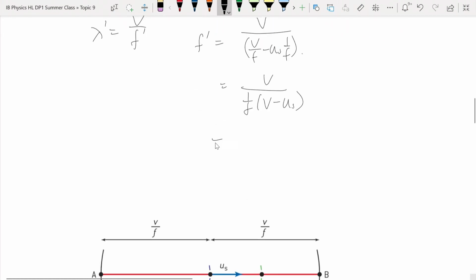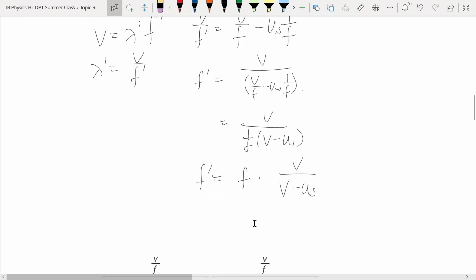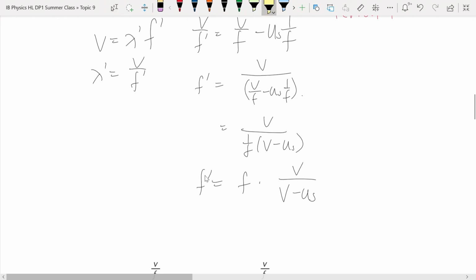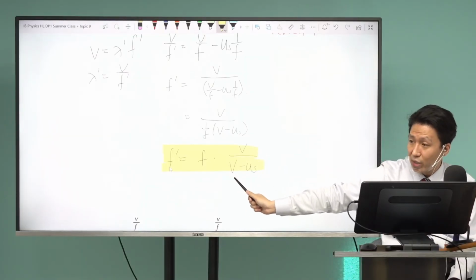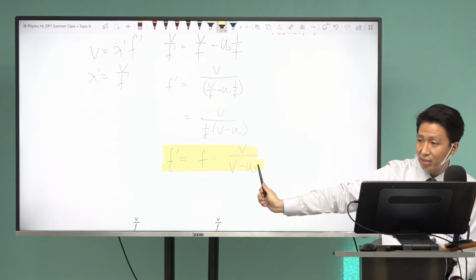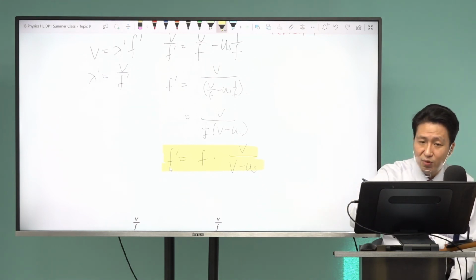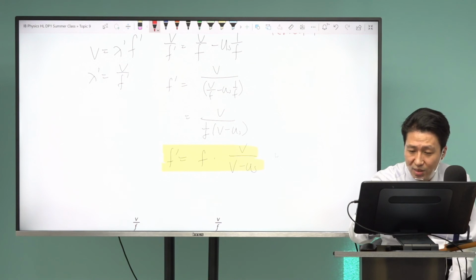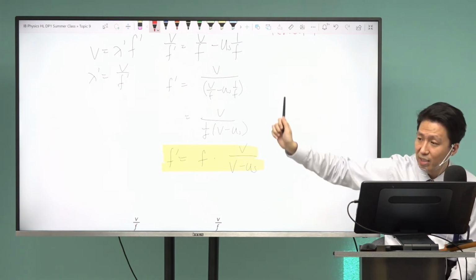And you get f prime is equal to the velocity divided by velocity minus u_s, times f. And this is what we were looking for, an equation for the frequency, like so. And notice that this factor will always be larger than 1, right? Because you're subtracting from the velocity. And we will label this as source moving towards the observer.